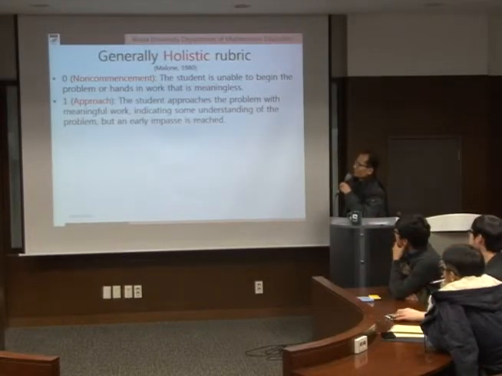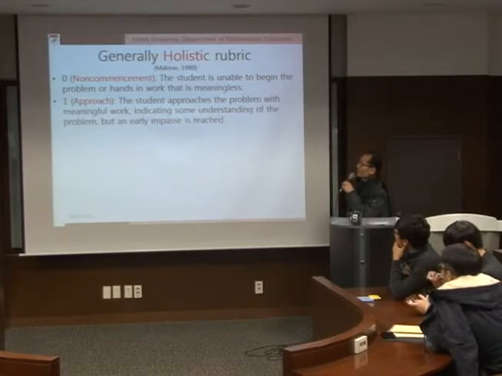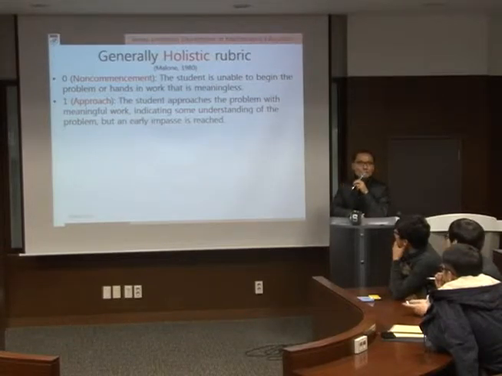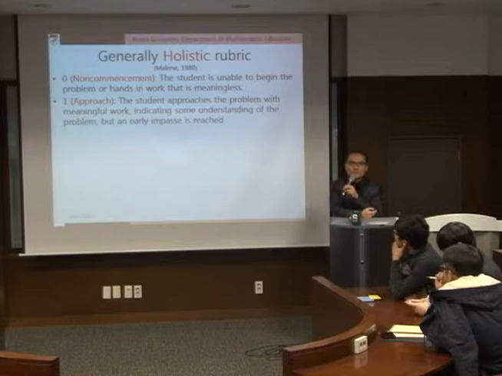It is called 1 point, approach, meaning the student approaches the problem with meaningful work. It's hard to say what meaningful work is, because depending on a person's or a teacher's perspective, it might be different, right? Meaningful work indicating some understanding of the problem, but an early impasse is reached.